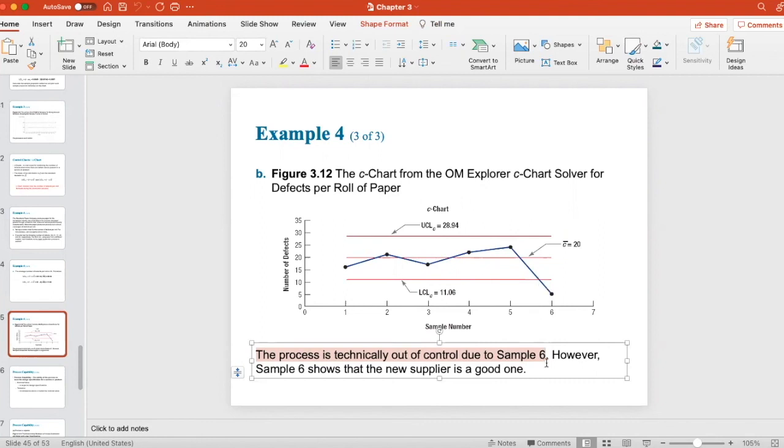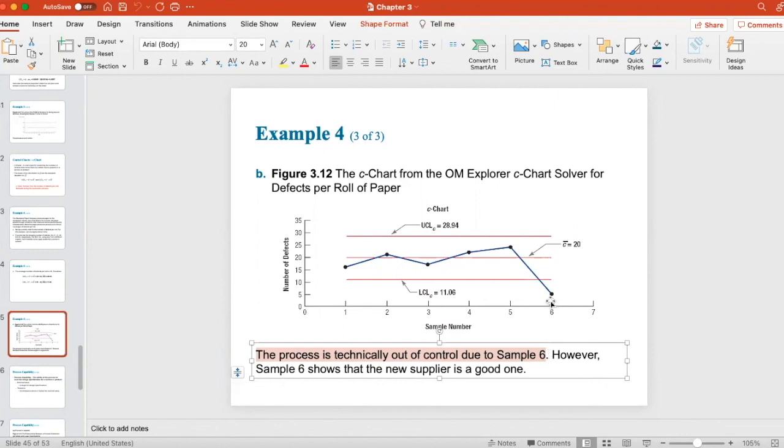But does it mean that this is bad in terms of quality management? Remember what we are trying to monitor within the C chart: the number of defective parts within every single product.